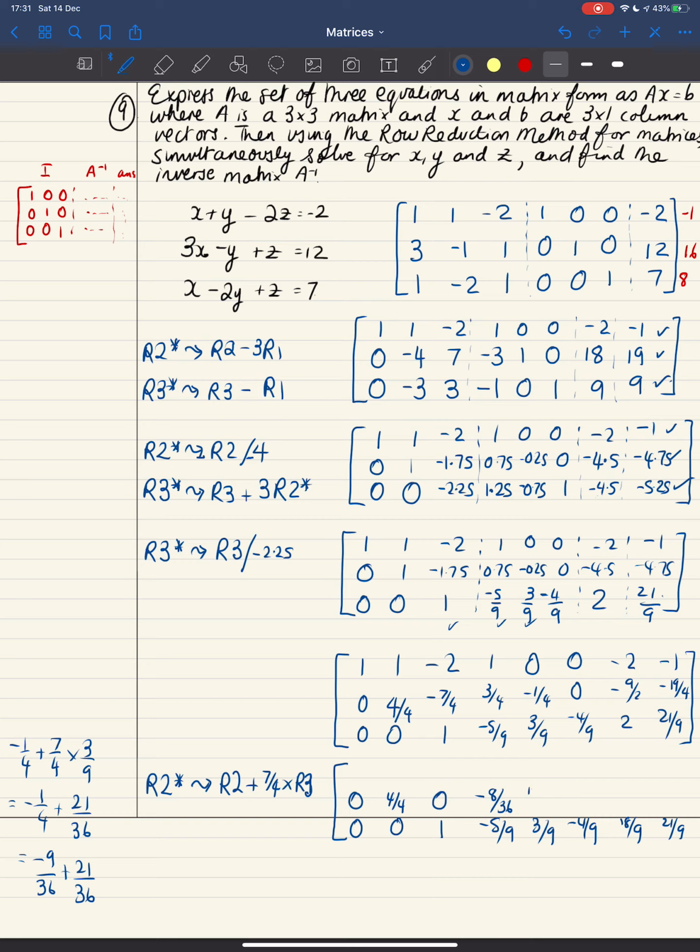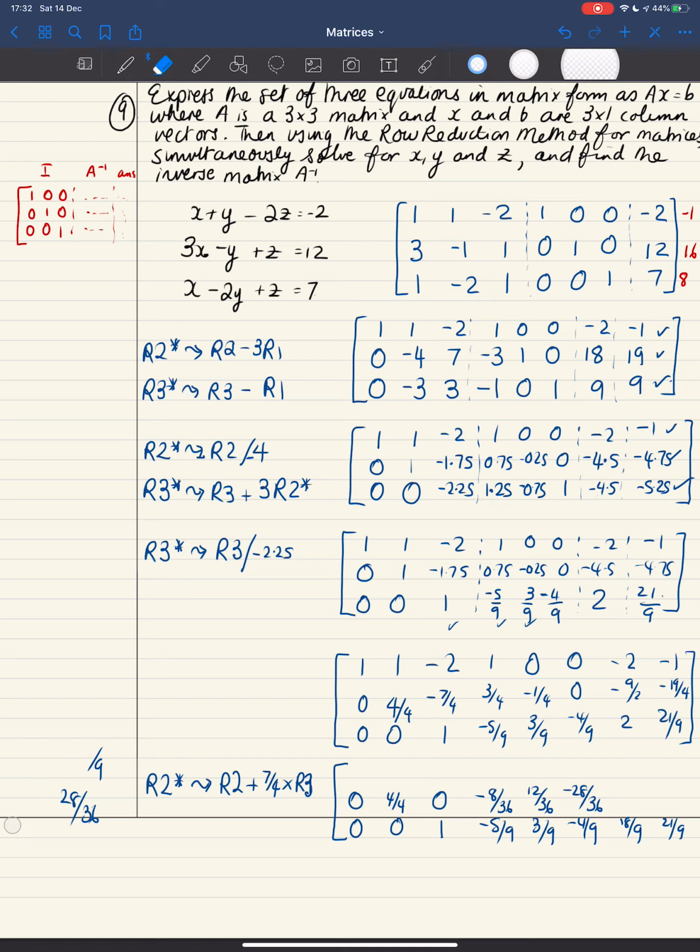Okay, you can do all this on your calculator, I just haven't got one to hand. The next one is going to be 0 plus 7 over 4 times minus 4 over 9. So that's minus 28 over 36.